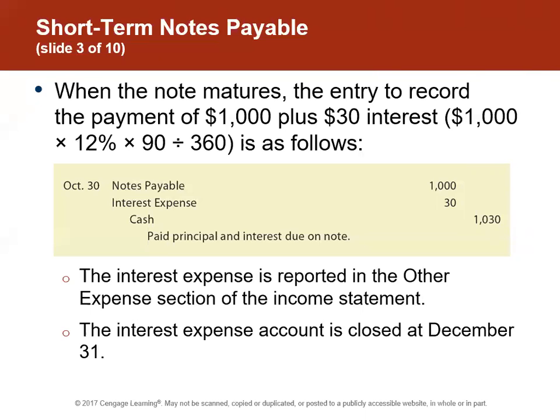But the calculations are the same as a note receivable. And then it just reminds you, interest expense account is closed at the end of the year. Well, all expense accounts, all revenues, all expenses, dividends, all of those accounts are closed at the end of the year in our closing process.